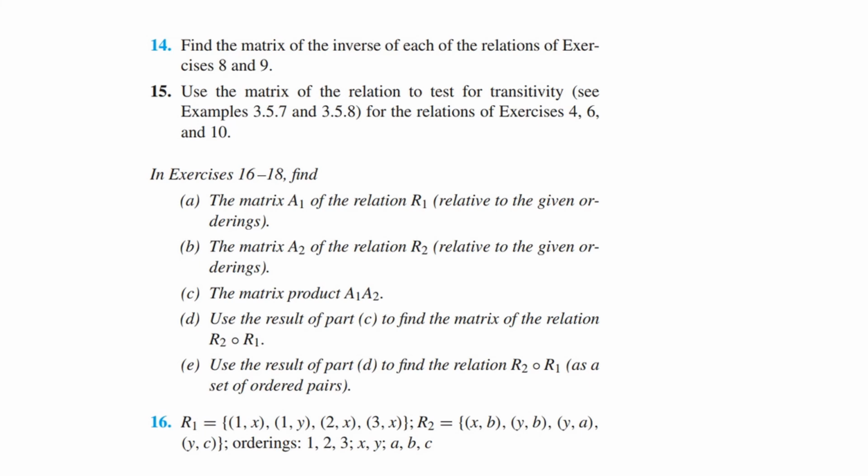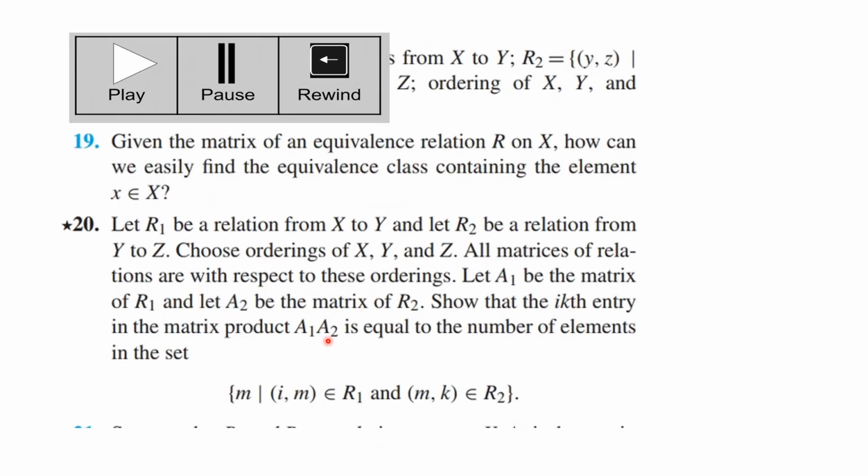And there are other problems that you can do here. I don't think I do any of those, but problems 19 and 20 I thought were worthy of looking at. Given a matrix of a relation R on X, and this is an equivalence relation, how can you easily find the equivalence class containing the element X, an element of the set X?